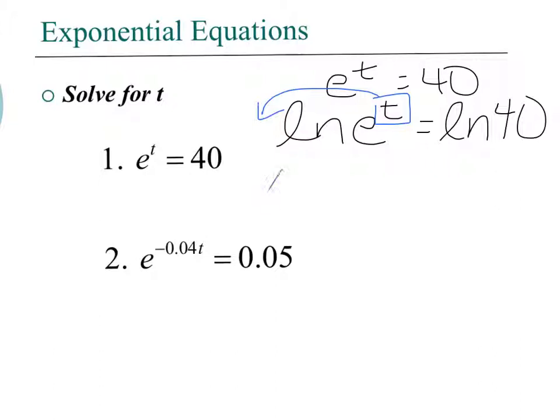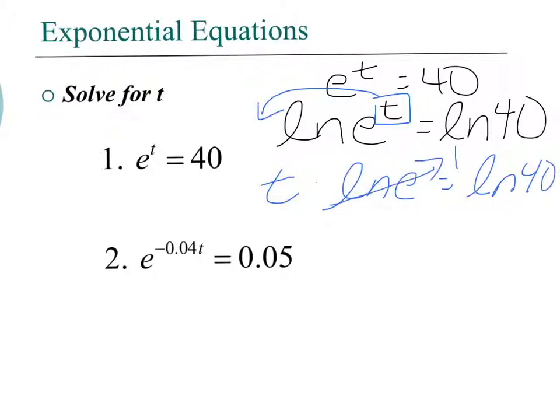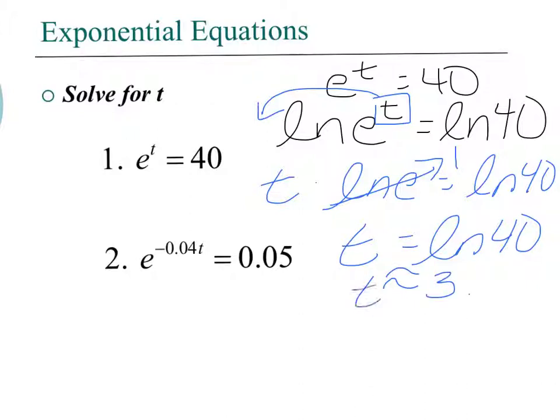So now I have t times the ln of e is equal to the ln of 40. The natural log of e is 1, so therefore I have t is the ln of 40, which on your calculator should be approximately 3.7.